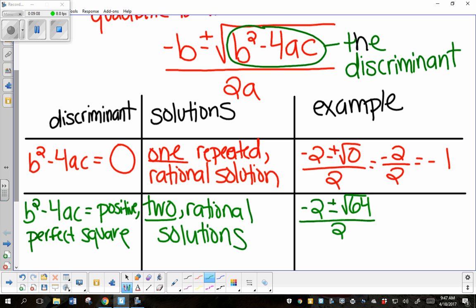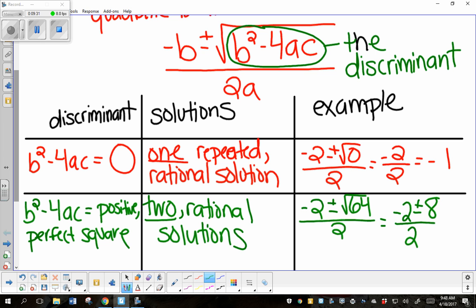So then we're going to have -2 plus or minus 8, over 2. And remember, last week we were making this mistake where we put the plus or minus on our answer at the end.